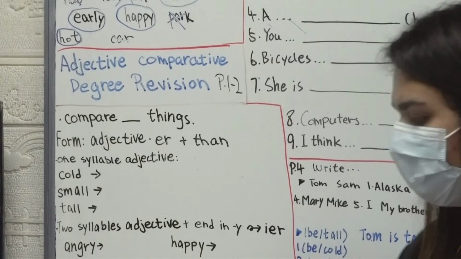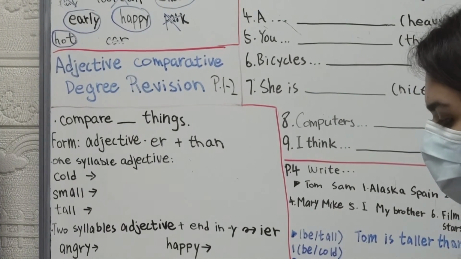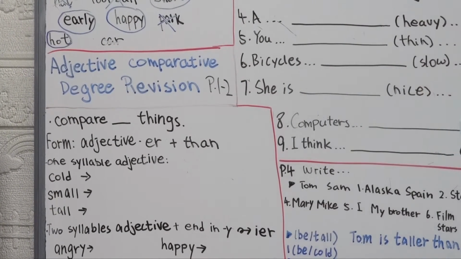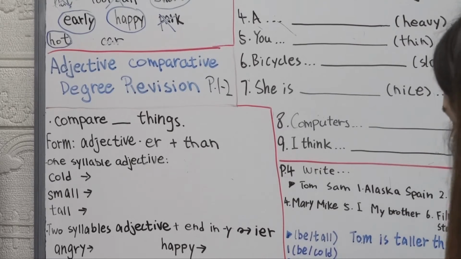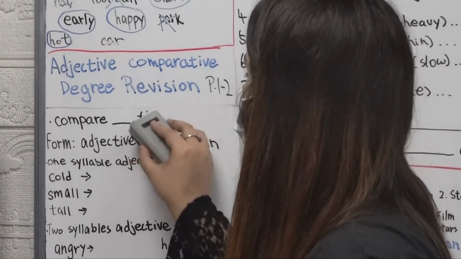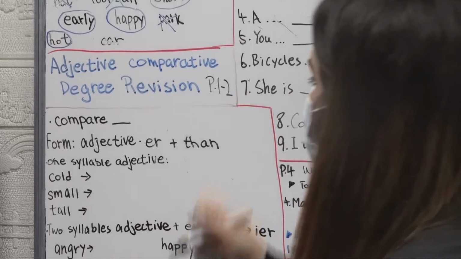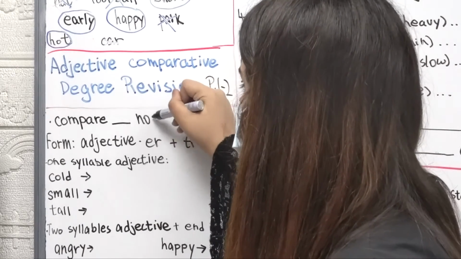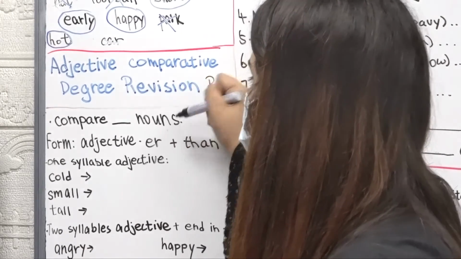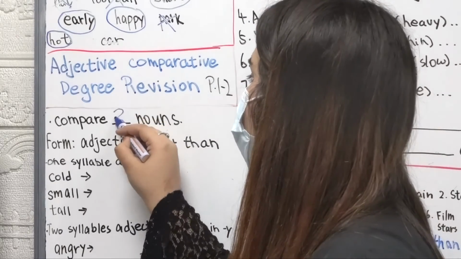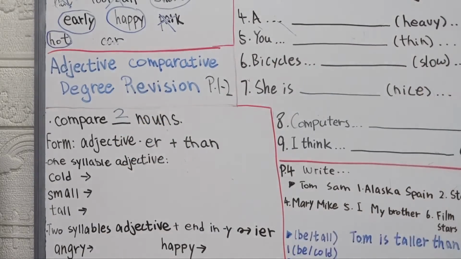So page number 1, it tells you comparative adjectives are used to compare the difference between how many nouns, how many things, let's say. How many nouns do we compare in comparative adjective degree? Two nouns, remember that. Yes, two nouns. We compare two nouns in comparative adjective degree.